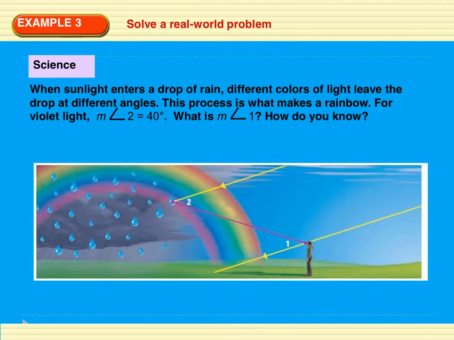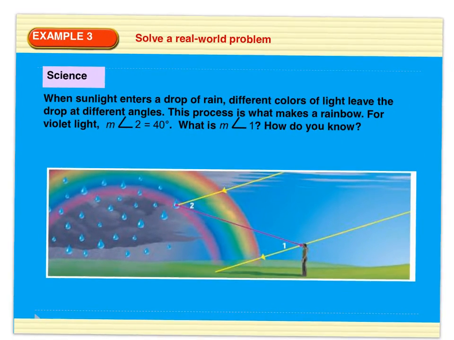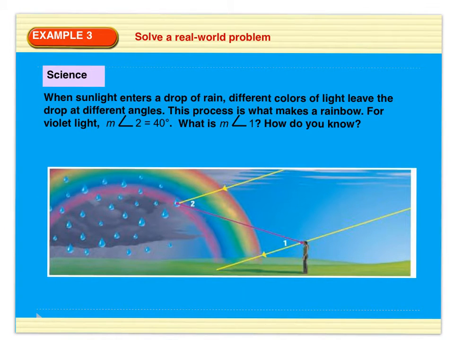Okay, this one says, when the sunlight enters a drop of rain, different colors of light leave that drop at different angles. This process is what makes a rainbow. For violet light, the measure of angle 2 would be 40 degrees. So this one here is 40 degrees. What's the measure of angle 1, and how do you know?